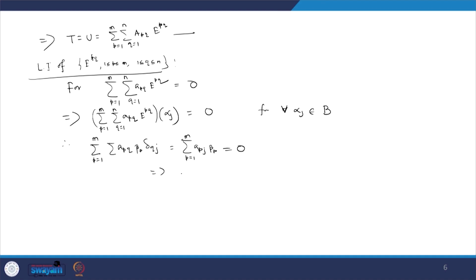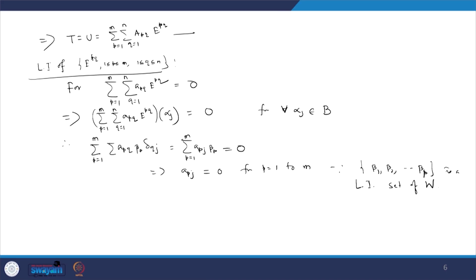This implies a_pj equal to 0 for p equal to 1 to m, since beta 1, beta 2, up to beta m is a linearly independent set of W. So, we see that a_pj equal to 0.